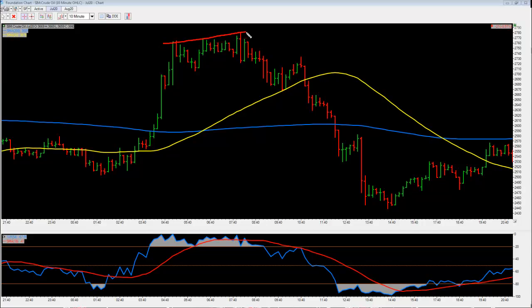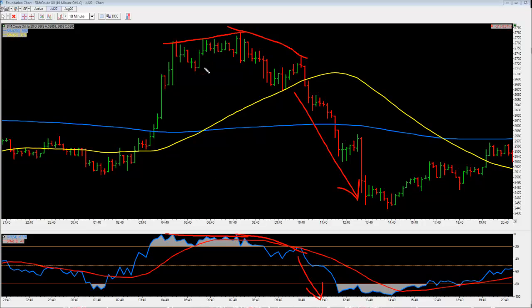We have this against this, and then we have this against this, and then we see the sell-off right there. Could you have caught that? Well, I think you can.